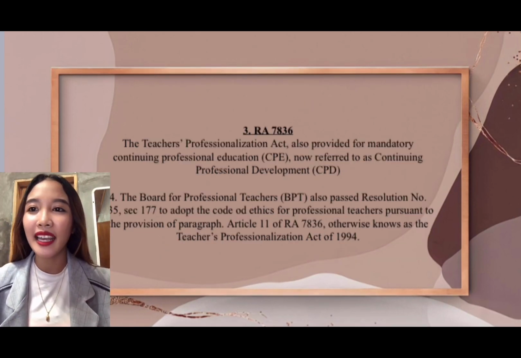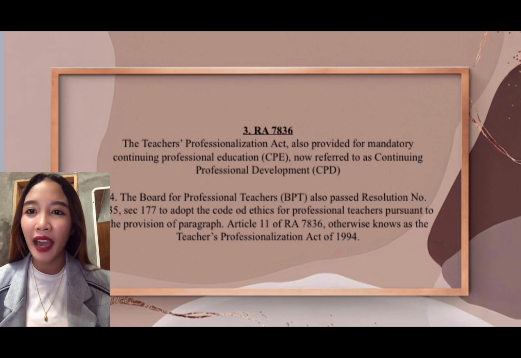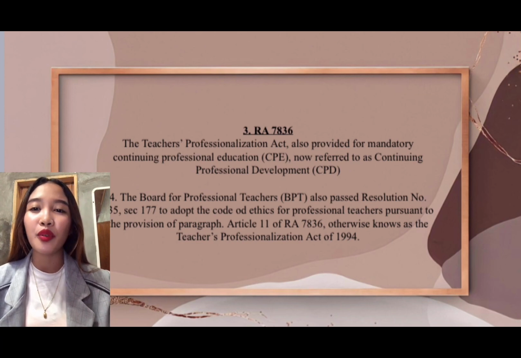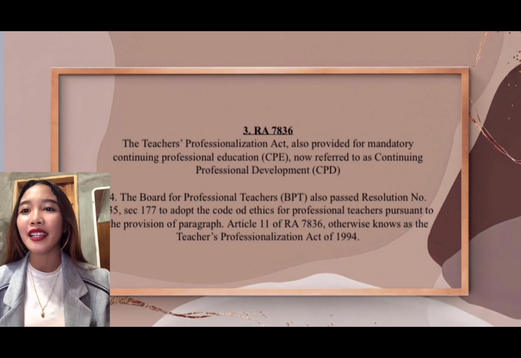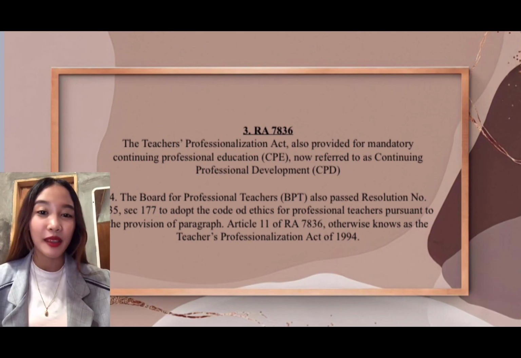The third one is Republic Act 7836, the Teachers Professionalization Act, which also provided for mandatory continuing professional education or CPE, also referred to as continuing professional development or CPD.